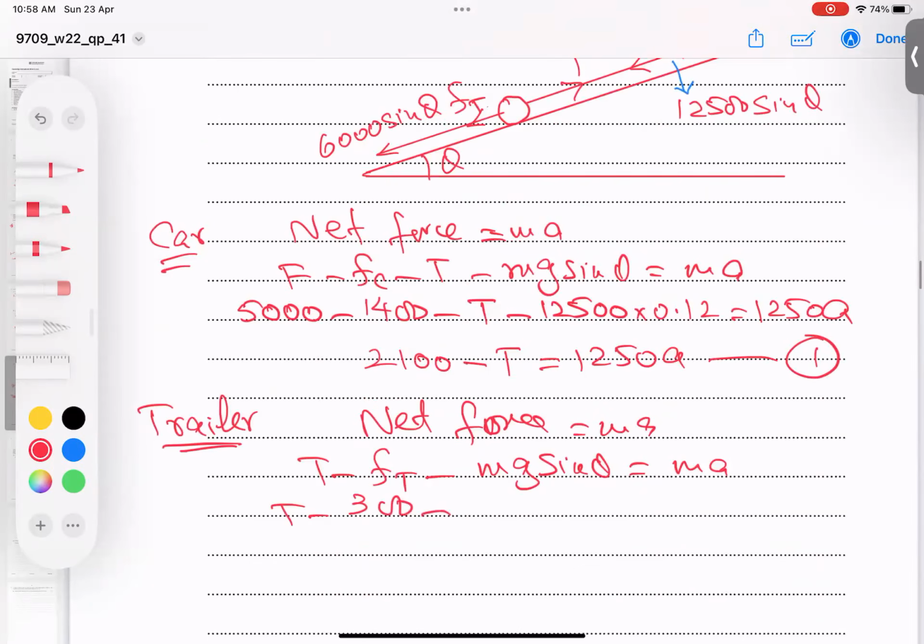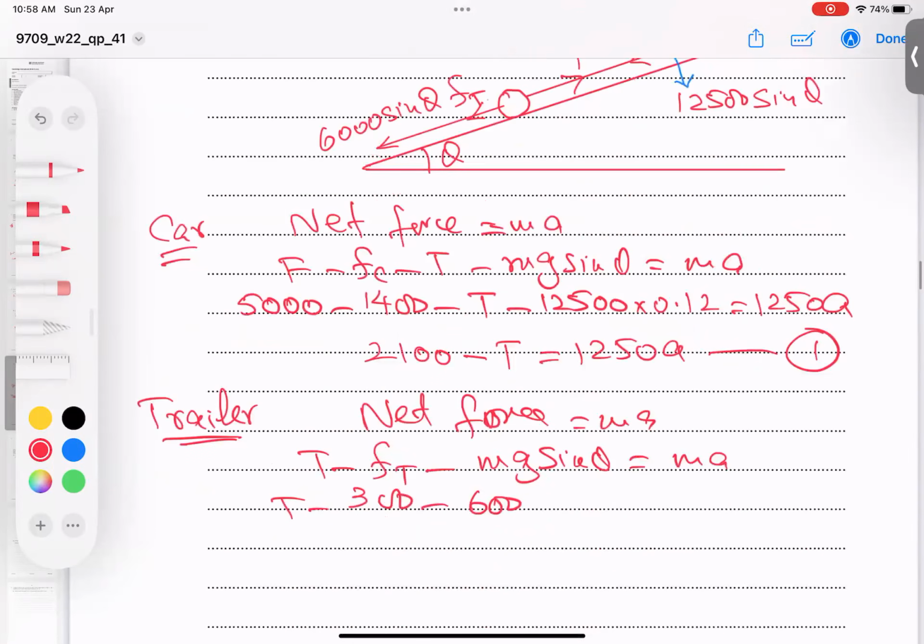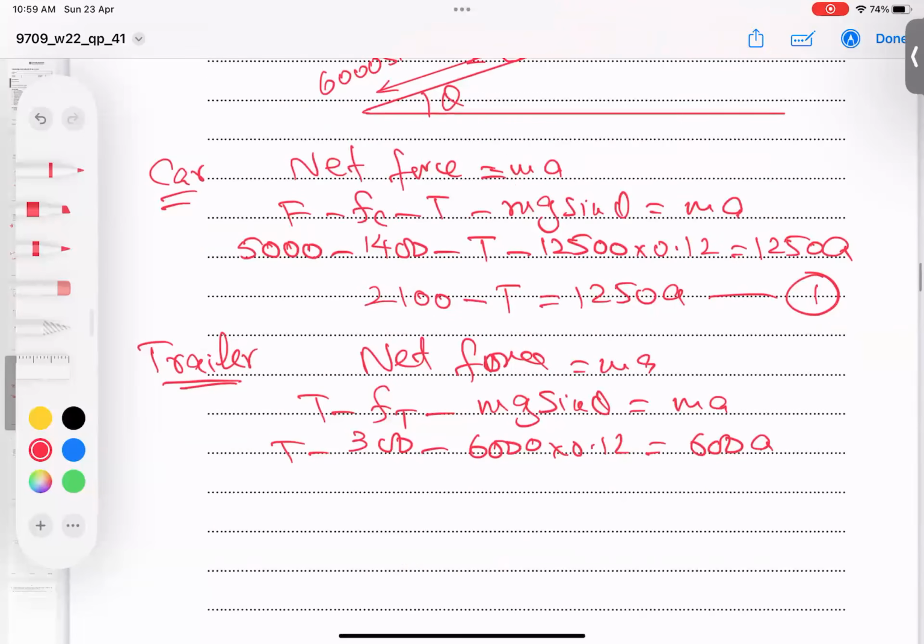Mass is given, 600 kilograms. One more zero for weight because g is 10. Okay, and sine theta is 0.12. Mass is 600, a unknown. Now I'm just typing these into the calculator including the negative signs: 300 and 6,000 times 0.12.